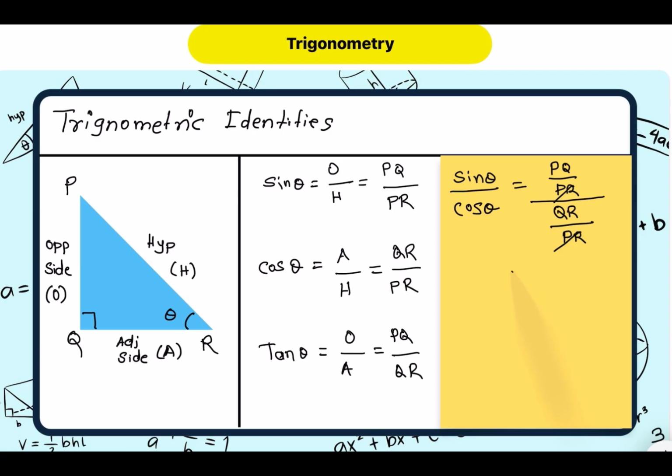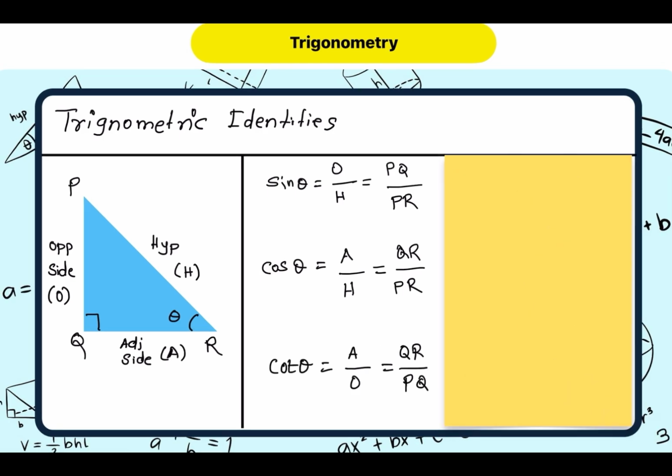So what we get as the answer is PQ upon QR. But PQ upon QR, if you pay attention, is tan theta. That means sin theta upon cos theta is equal to tan theta.